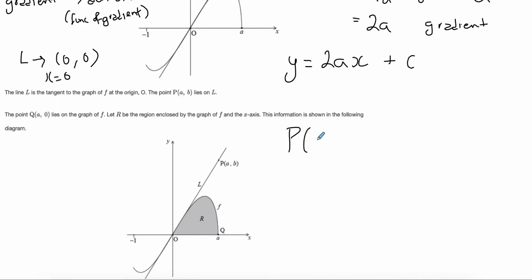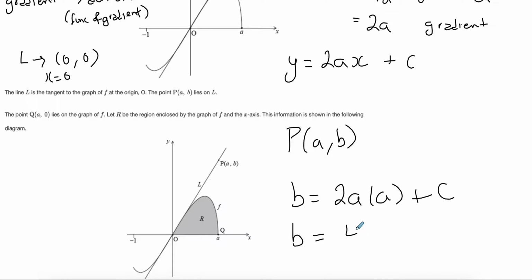So if P is (a, b), it means your x value is a and your y value is b. So b equals 2a times a plus c, and this will give you 2a squared plus c.